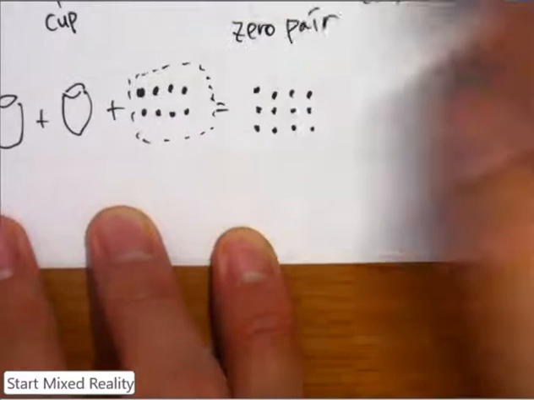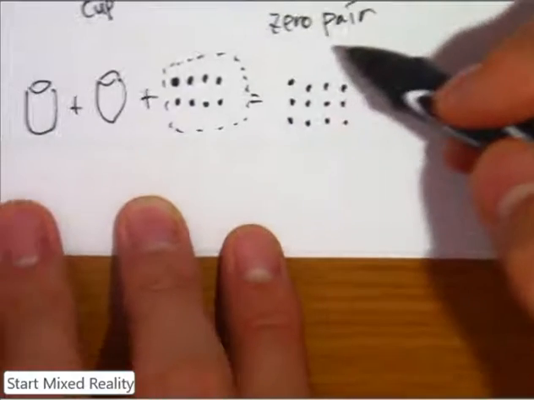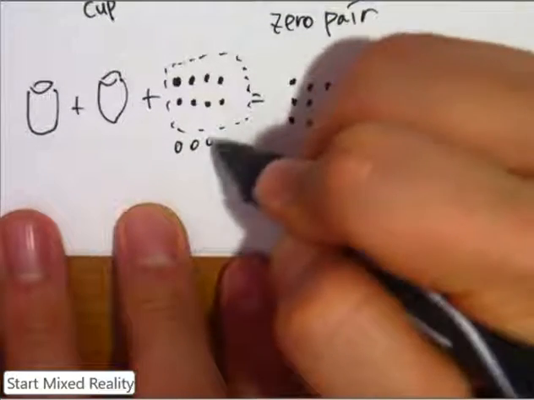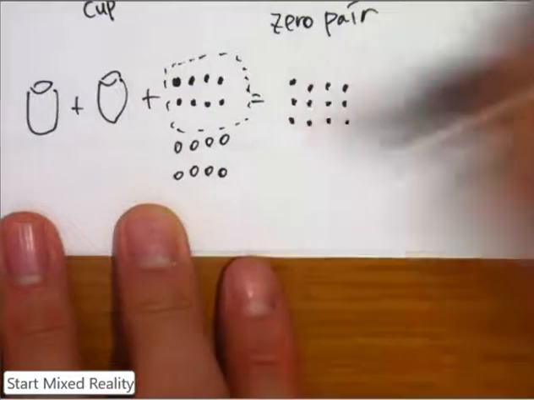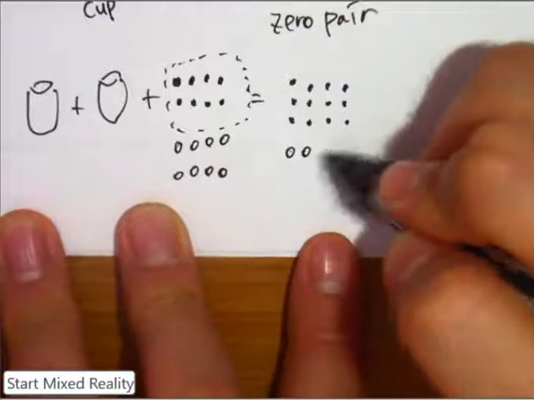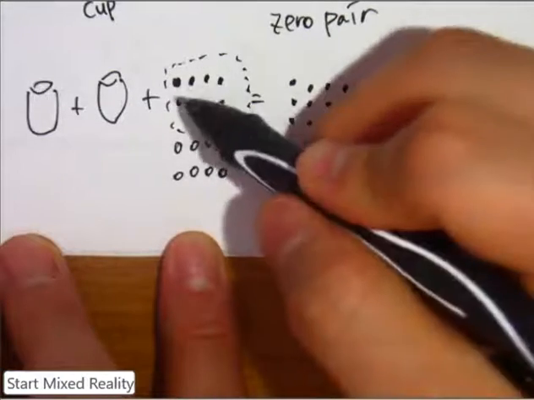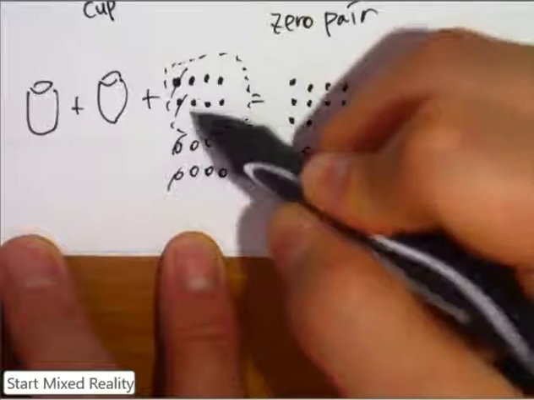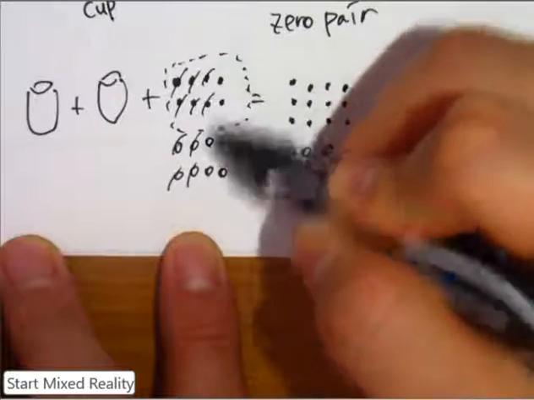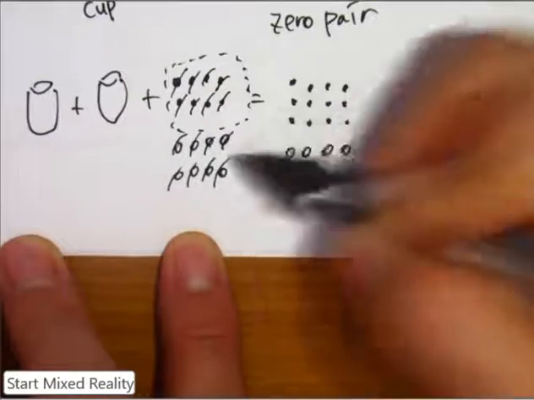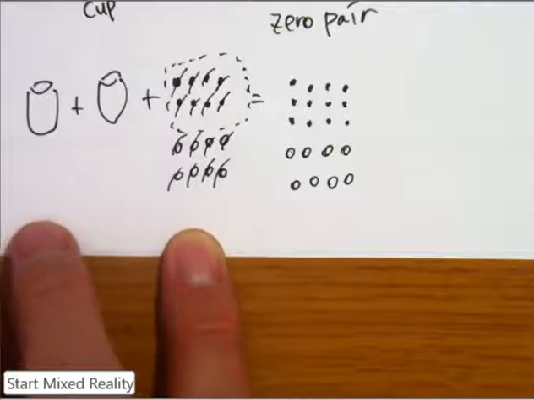So I have 8 of the colored tiles. What you can do is add 4 blank ones, but make sure you do the same thing on the other side. Then each of these becomes 0 because of the zero pair.